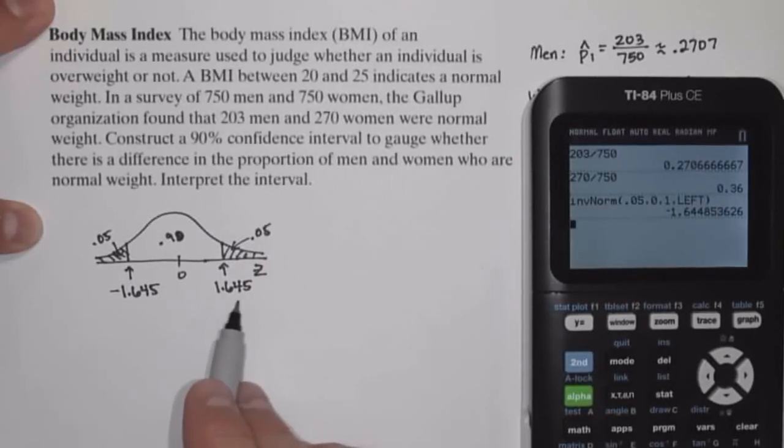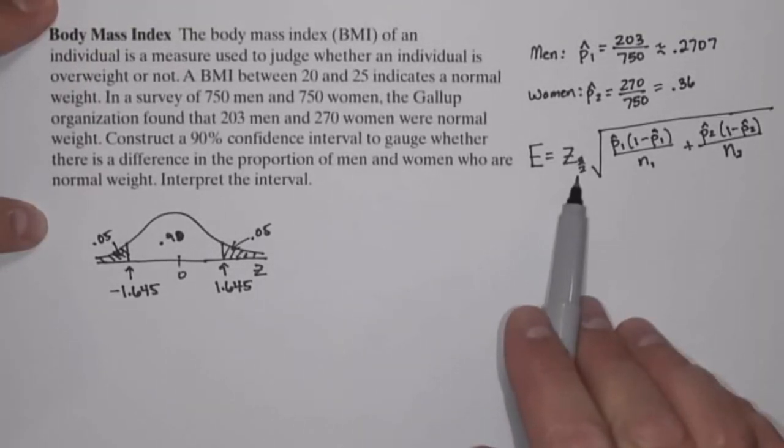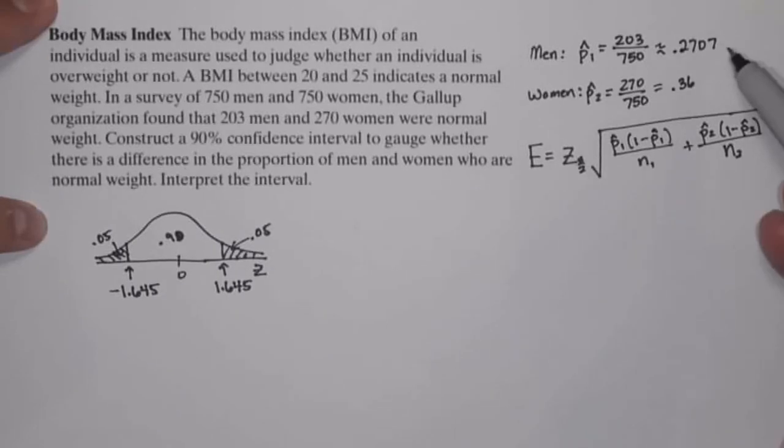So that is my z sub alpha. Z sub alpha is 1.645. So I'm going to use that here in this formula. And likewise, this is p hat 1, this is p hat 2.